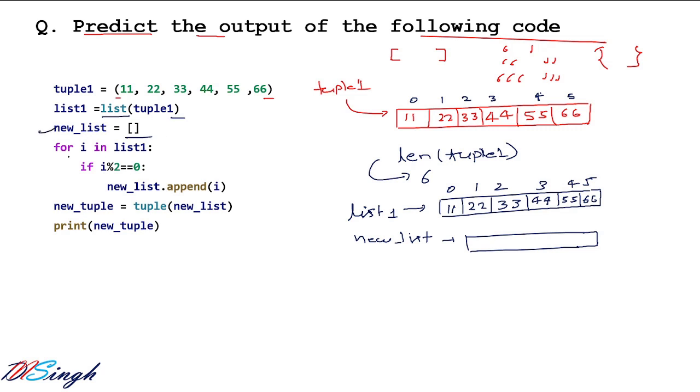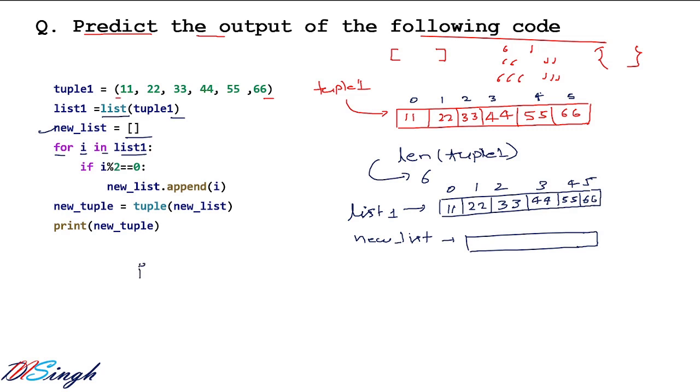Then we go for i in list1. Here we are iterating over elements, traversing the list element by element. We can traverse a sequence in two ways: one way is through the indexes, another way is through the elements. So here we are traversing over elements.